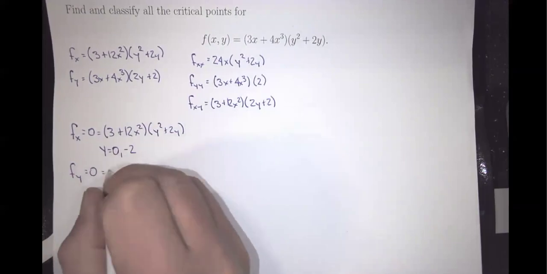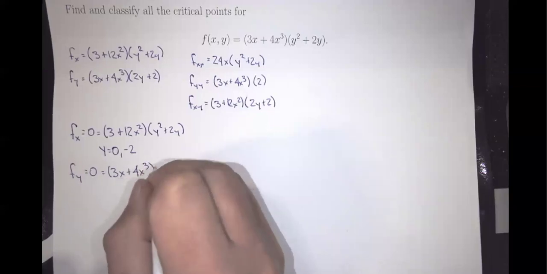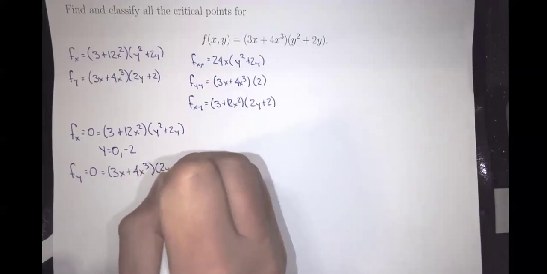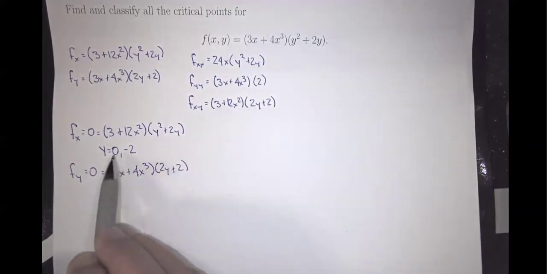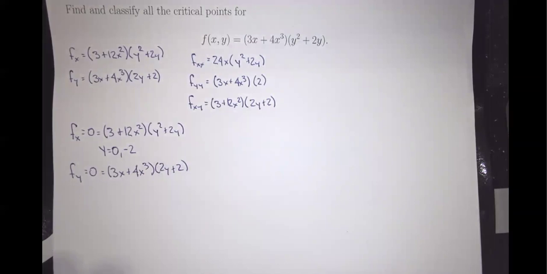All right. So given that, let's look at fy = 0. So that's going to be (3x + 4x³)(2y + 2). And we're going to start with y = 0. Maybe we factor this first.